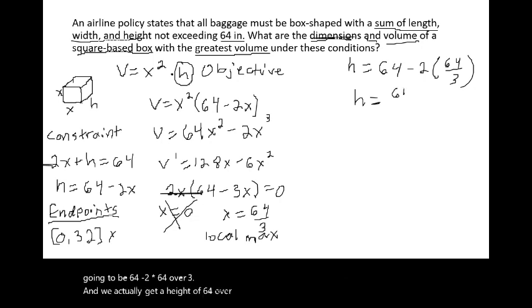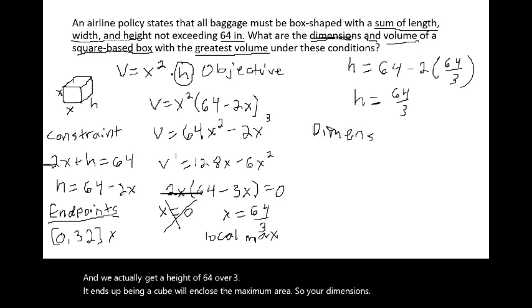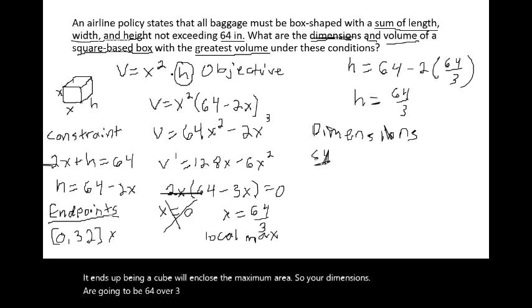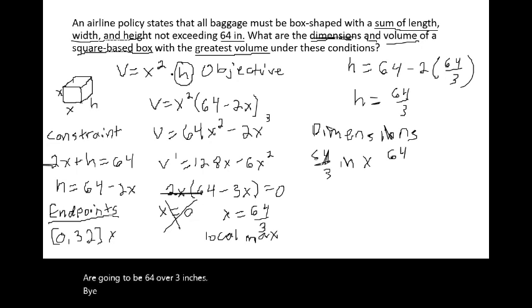It ends up being a cube. A cube will enclose the maximum volume. So your dimensions are going to be 64 over 3 inches by 64 over 3 inches.